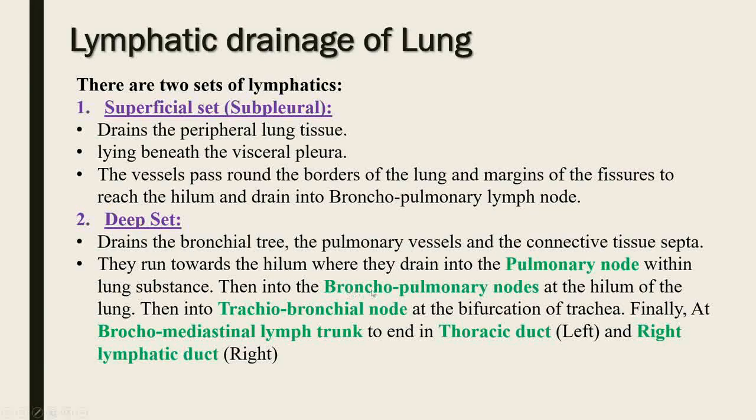And from the bronchopulmonary lymph nodes, it will go into the tracheobronchial lymph nodes at the bifurcation of the trachea. And finally, to the bronchomediastinal lymph trunk, where this trunk will end on the left side in the thoracic duct, and on the right side in the right lymphatic duct.